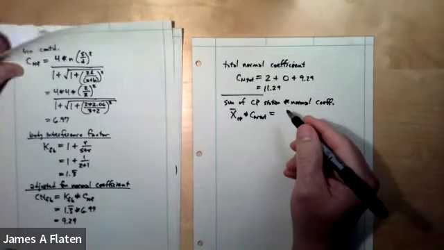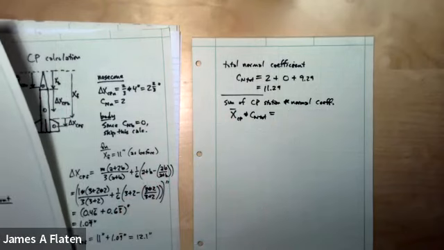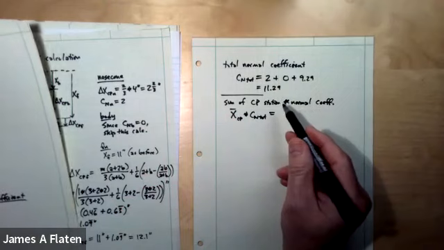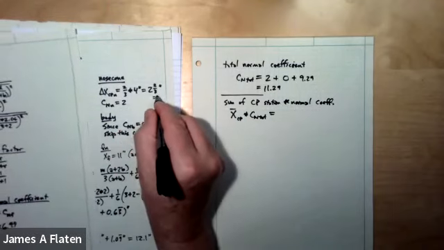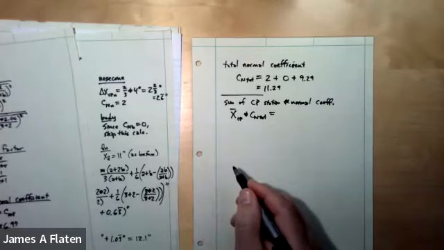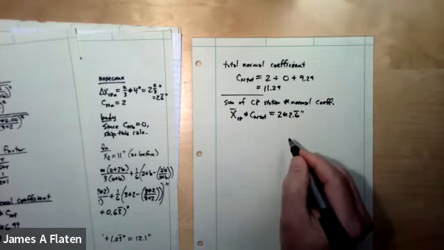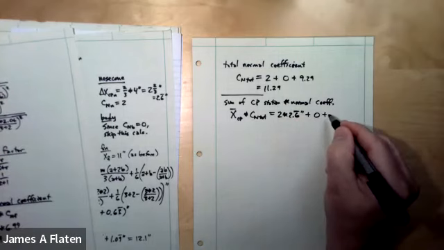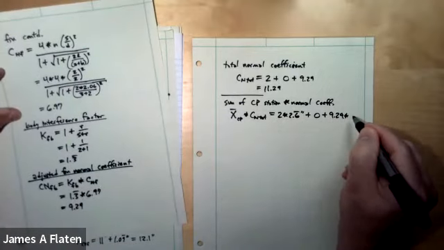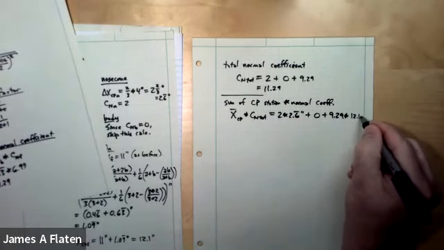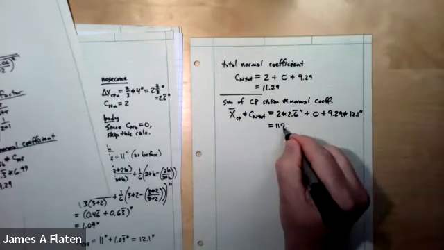So this sum, looking back, here it is: 2 times 2 2/3. 2 2/3 happens to be 2.6 recurring. So I have 2 times 2.6 recurring inches plus 0, the body, plus 9.29 times 12.1 inches, that's for the fin. Add this all together and I come up with 117.7 inches.